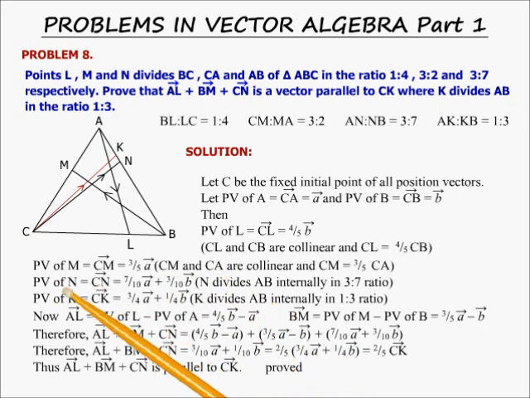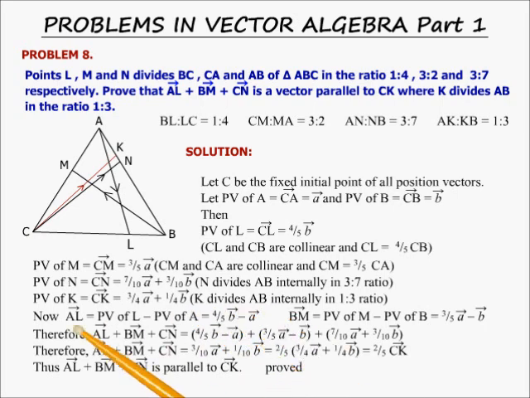Now the position vector of N, that is vector CN, is equal to 7 by 10 A plus 3 by 10 B, which we get from the section formula. And the position vector of K, that is vector CK, equals 3 by 4 A plus 1 by 4 B, which we again get from the section formula.